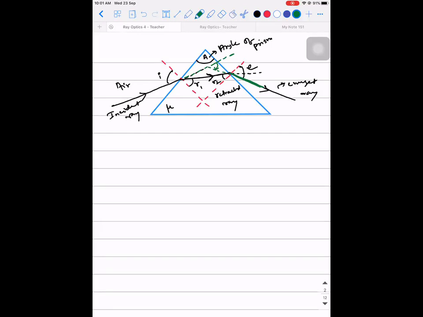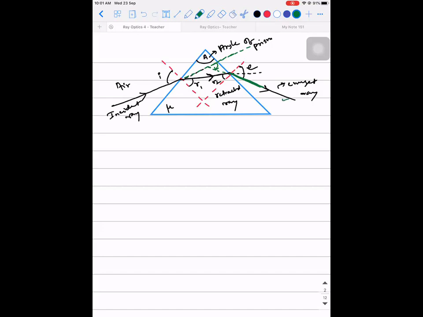Are you guys able to understand this? So the ray actually should have gone in this path, that is towards the angle of prism, the place where I've written this angle of prism. But what is happening to the ray? The ray is undergoing multiple refractions and it is coming out as an emergent ray.